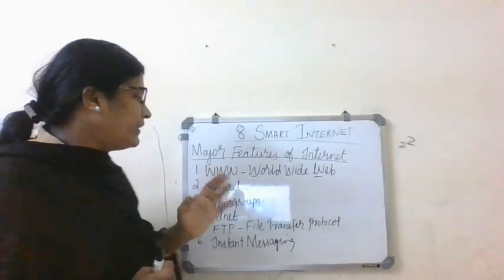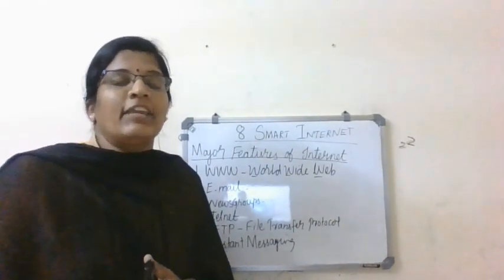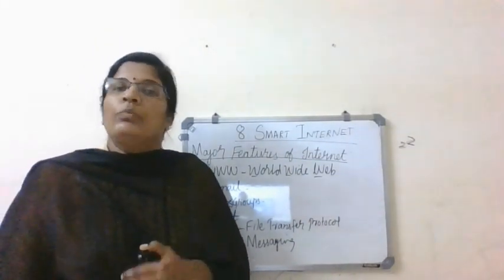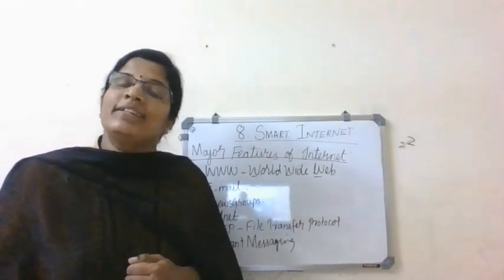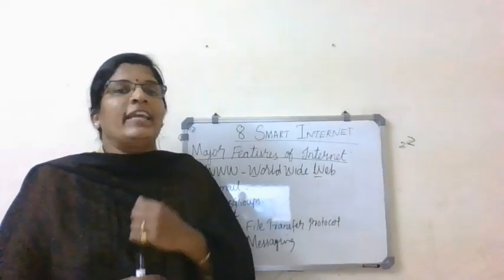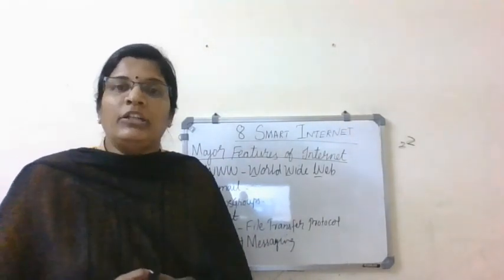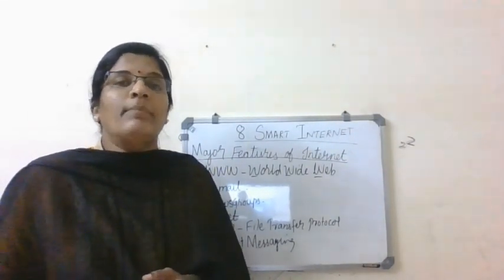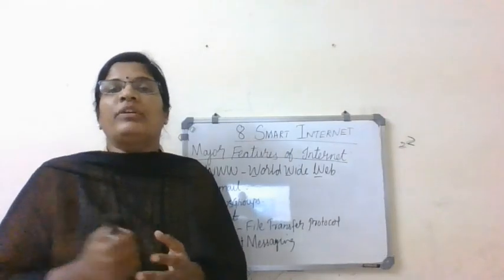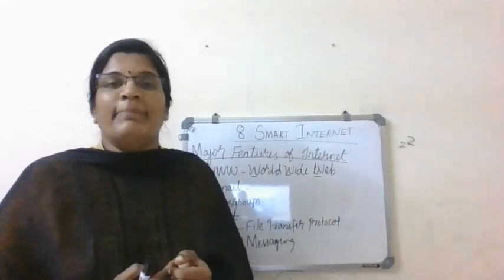Then the second thing, email services. Through email, we can send and receive messages. In order to send and receive emails, you need to have an email account from an email service provider like gmail.com, yahoo.com, rediffmail, aol.com. Many providers are there. You have to create a mailing account.